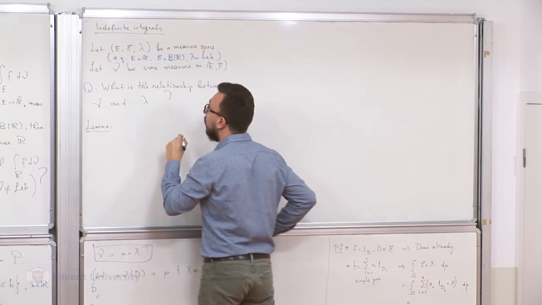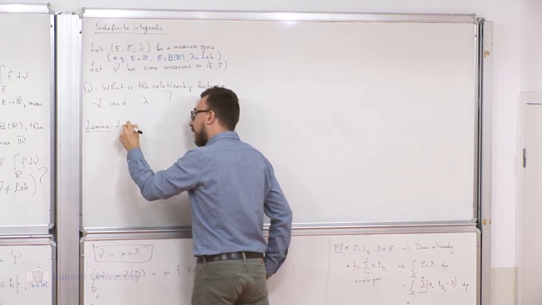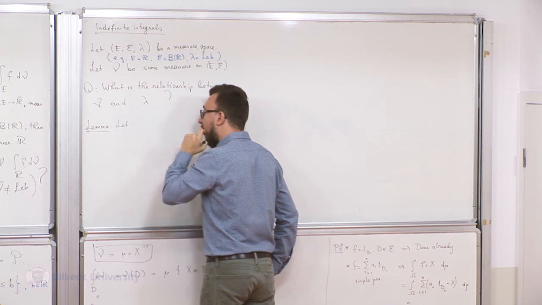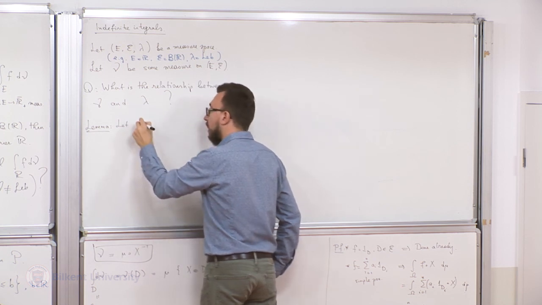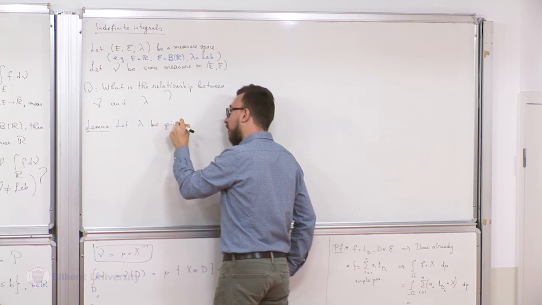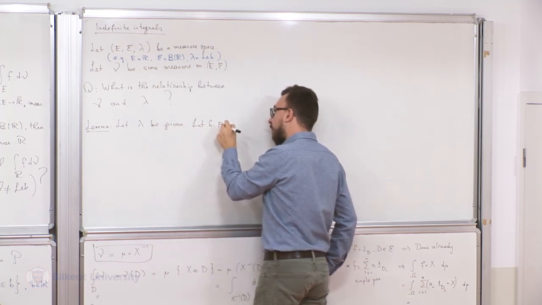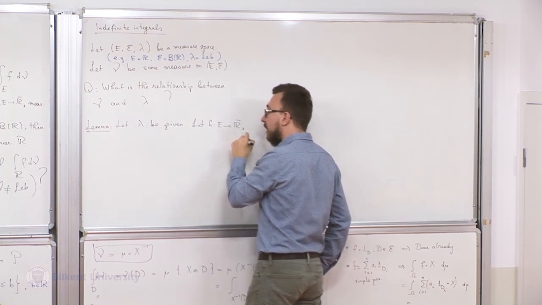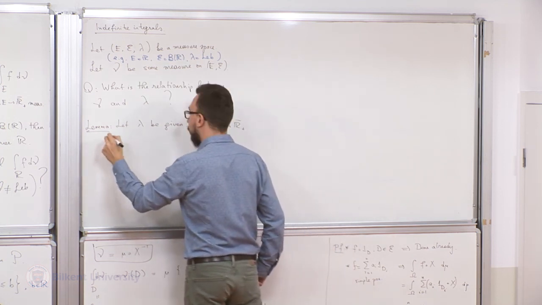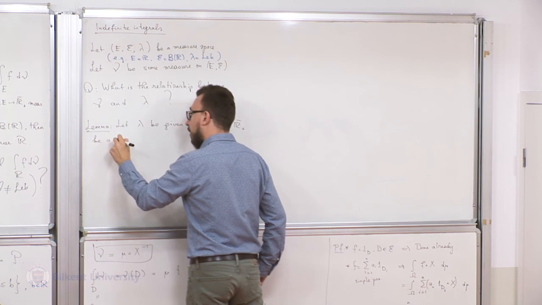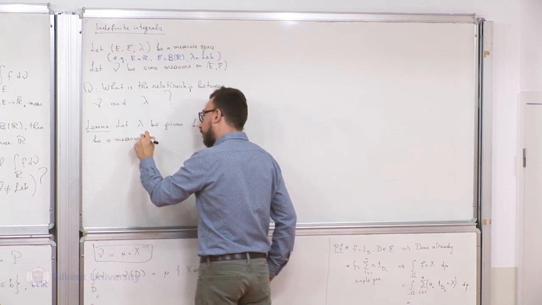So let lambda be given, and let h be a function from E to R bar plus that is positive and measurable.